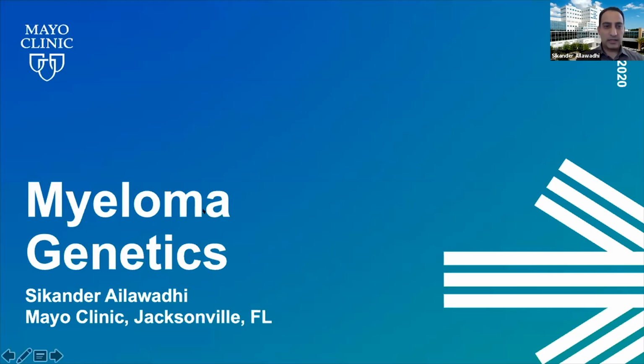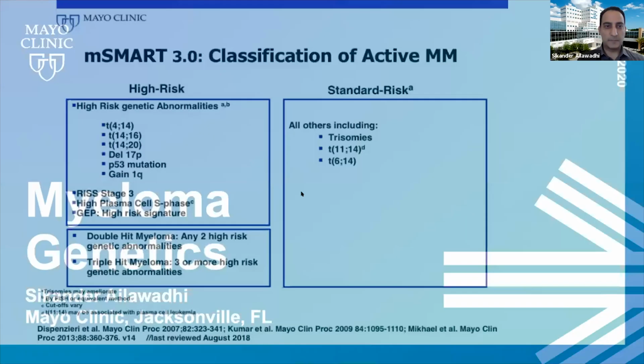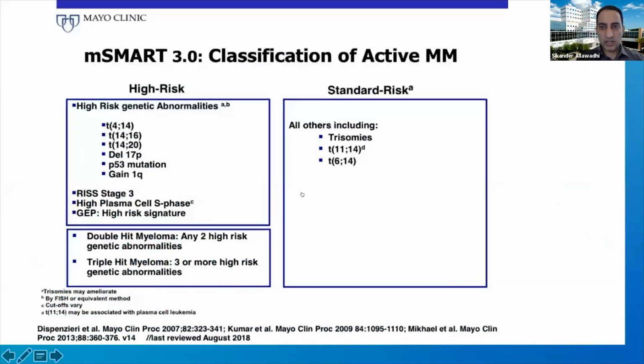So let's start with some of these things. As we've talked about already, I'm not going to repeat all of the things that have been mentioned, but there's this discussion about high-risk genetics and standard risk genetics. As Faith went over these criteria, I think it's important for us to realize that these are two distinct categories, whether it is these high-risk genetic abnormalities with the translocation 4;14, 14;16, 14;20, deletion 17, gain of 1q, or a mutation in the p53 gene.